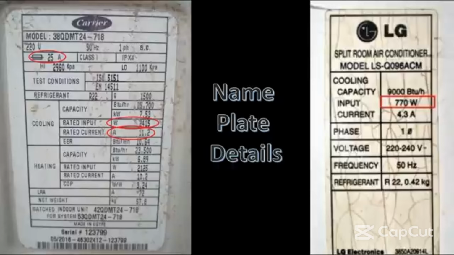It is not mentioned directly as 1 ton. See, 770 watts. So you have to convert into tons and then check how many tons that AC actually is. Some ACs are 0.75 tons only, but they are calling it a 1 ton AC. So we can calculate and select the AC we require for our requirement.